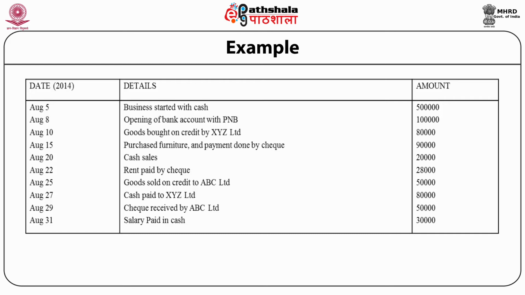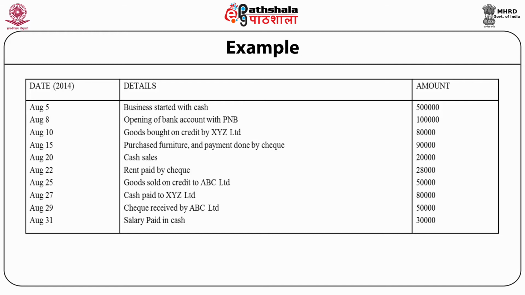August 25, goods sold on credit to ABC Limited, rupees 50,000. August 27, cash paid to XYZ Limited, rupees 80,000. August 29, check received from ABC Limited, rupees 50,000. August 31, salary paid in cash, rupees 30,000.